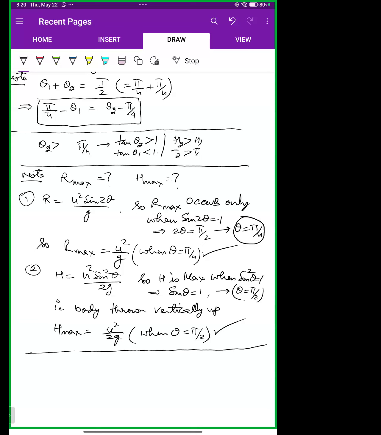Where is the ratio 1:2? No. It depends on the language. I am giving an example. What is R max upon H max for a given projectile?